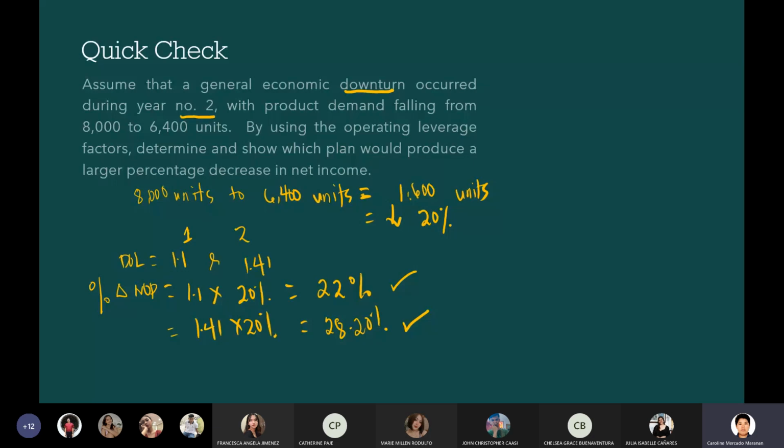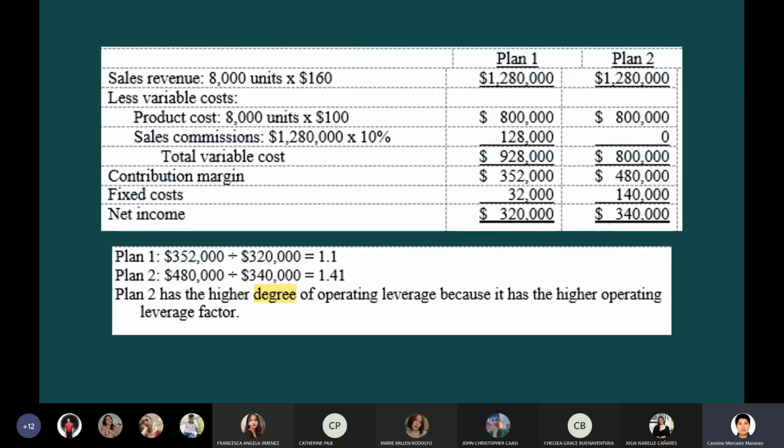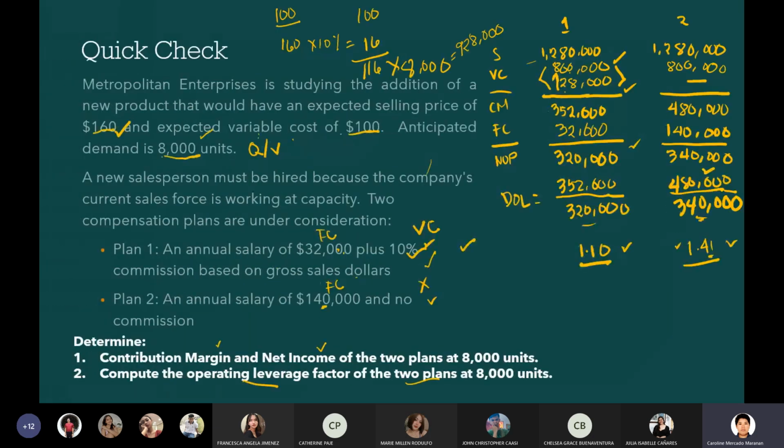So, depende sa market kung alin ang gagamitin mong plans. Yan yung mga example ng problem na pwedeng mangyari sa actual scenario in which tatanungin ka ng boss mo, ano ang magandang compensation plan na ibibigay natin sa mga empleyado natin.